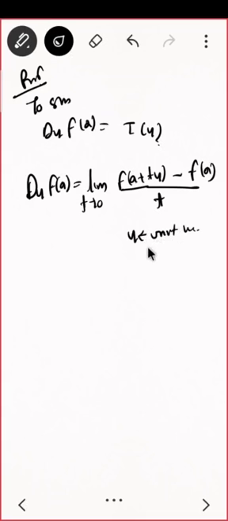Okay. If you want to write the epsilon-delta definition, then you can also do that.